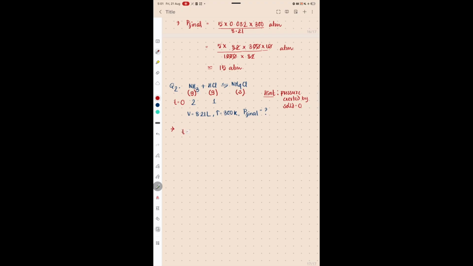So at t equal to t, where the reaction happened, 1 mole of NH3 reacts with 1 mole of HCl to produce 1 mole of NH4Cl. So after the reaction, the moles remaining of NH3 will be 1, the moles remaining of HCl would be 0, and 1 mole of NH4Cl will be generated.